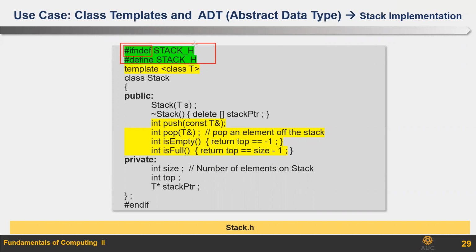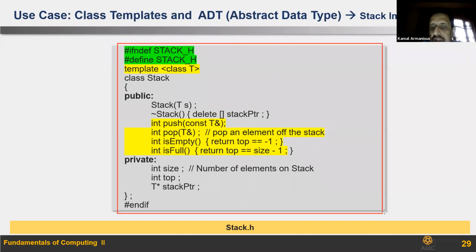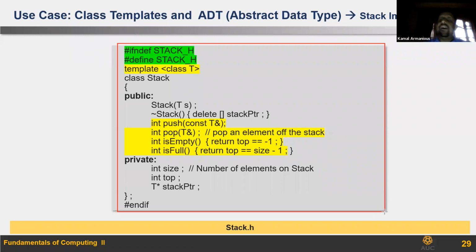So this means that this header file may be included from several files. But we want those definitions for the function and for the attributes to happen only one time.